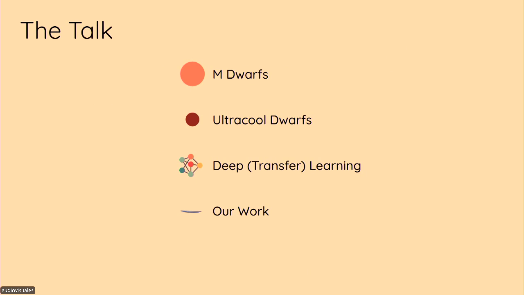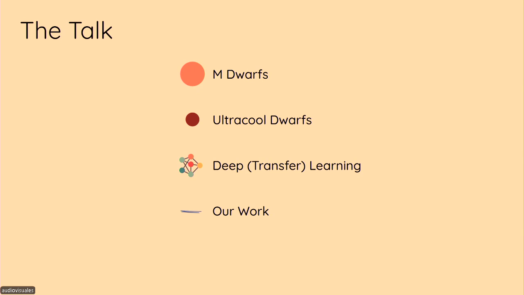So this is the outline of this talk. First, we will introduce the science that we want to research. This includes M dwarfs, which are the coolest stars of the stellar population, and ultra cool dwarfs, with which we will go into the substellar domain.